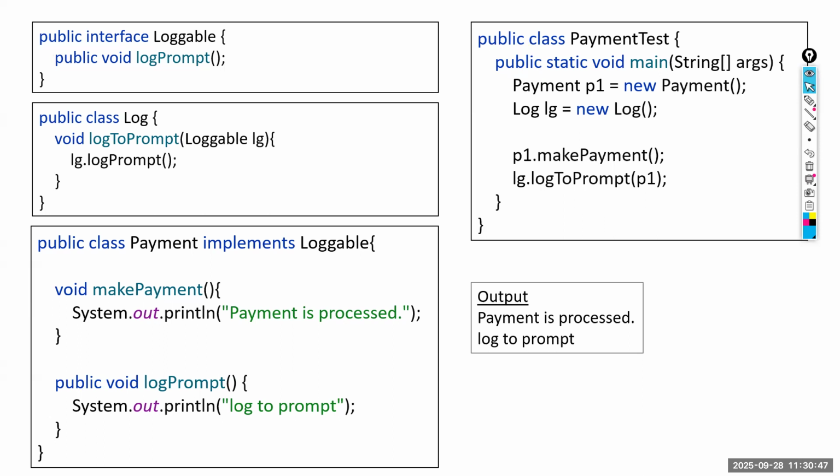So others can safely assume that Payment objects have the logPrompt method, because logPrompt is a method in Loggable. Another class, the Order class, can say, I am also Loggable, not only Payment. That means Order must also implement the logPrompt method. It's a contract.